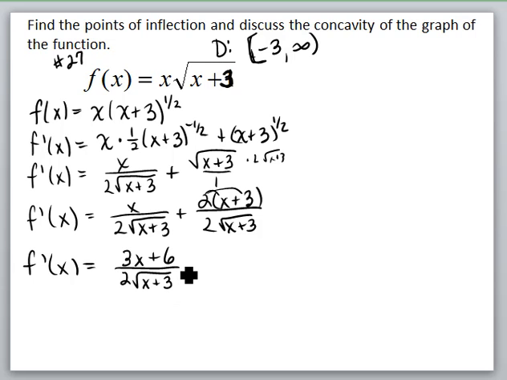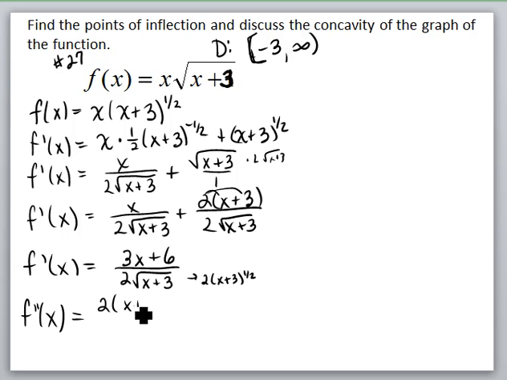Now, I said this was much more difficult. The second derivative now requires me to do a quotient rule. So we are going to go ahead and find this derivative using the quotient rule. Now we do want to think of this as 2 times x plus 3 to the 1/2 power, so I'll write that off this side.